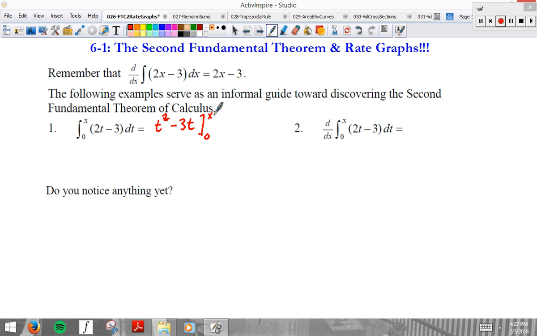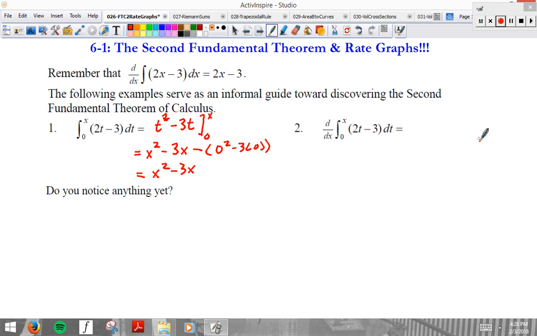But we do have to worry about plugging in the top, x squared minus 3x, and then we'll subtract and plug in the bottom, which is 0 squared minus 3 times 0. So what we get here is just x squared minus 3x, because this quantity is just 0.